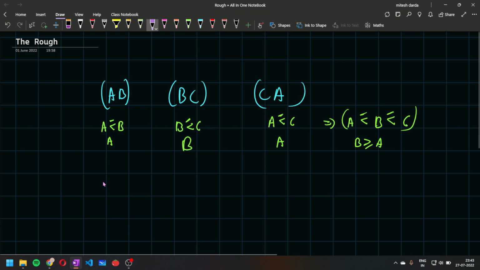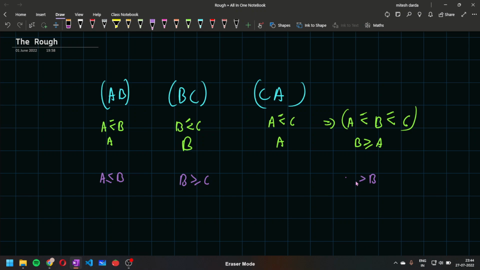Now let's look at the second case. In this again, let's say that A is less than or equals to B, but here B is greater than or equals to C. So we are forming something like this: A is less than or equals to B, and B is greater than or equals to C. We cannot say anything about A and C here, like whether they are equal or not.